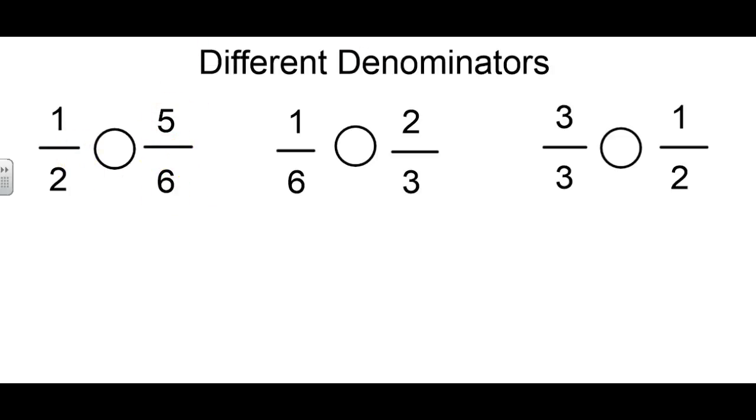But to double check our answer and cross multiply to see if we're correct, we know that 6 times 1 is 6, and we know that 2 times 5 is 10. So that tells us right now that after I've cross multiplied, that 5/6 is more than 1/2.